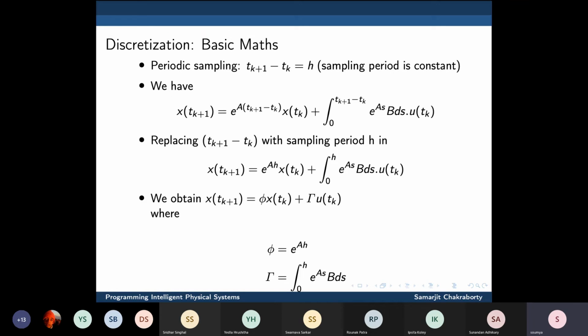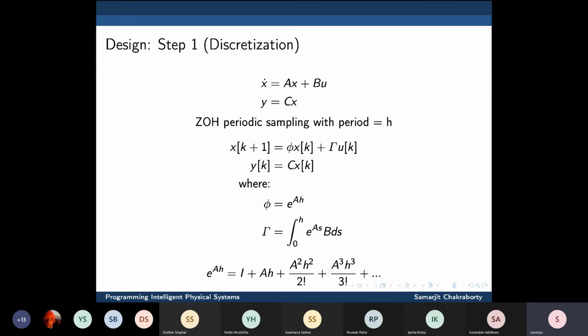This phi and gamma are what we call the discrete time state space matrices. So if I change the sampling period from h to some h prime, the matrices are going to change. Am I correct? So when I am going to shift from a continuous time control to a discrete time control, my choice of sampling period has a huge role to play in the performance, stability, and everything of the system.